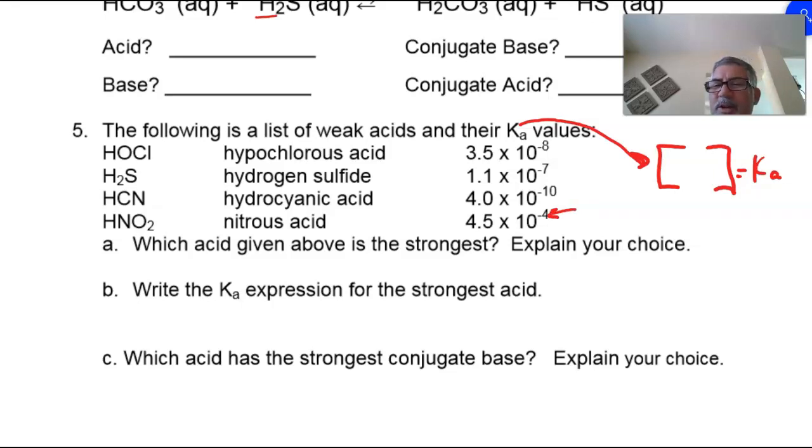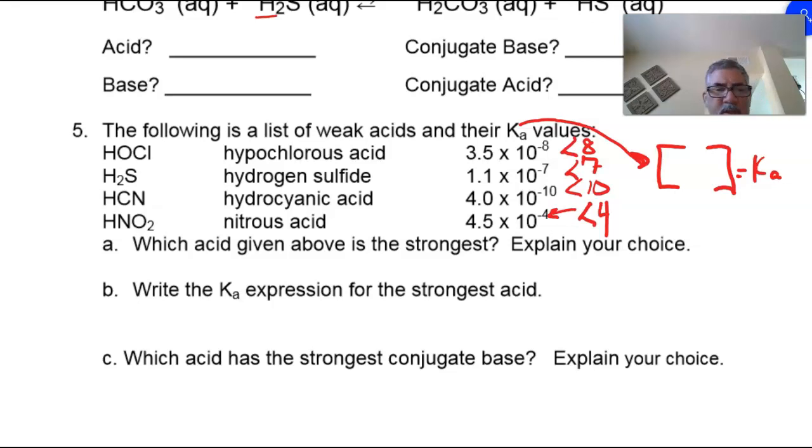So 10 to the negative 4 would be a pH of 4, but since I have a number greater than that, this is less than 4, because it's going to be between 3 and 4. So this is less than 10, less than 7, and less than 8. Right, so this is where we estimate those.